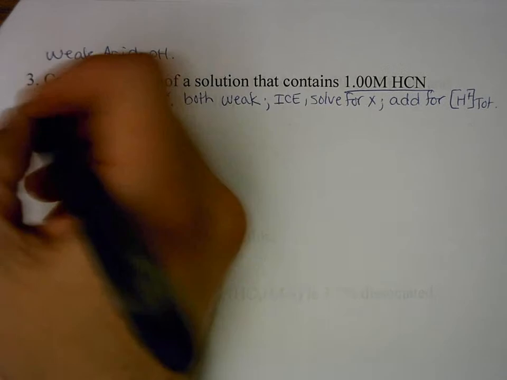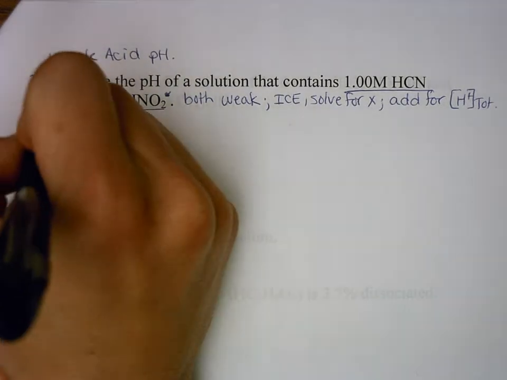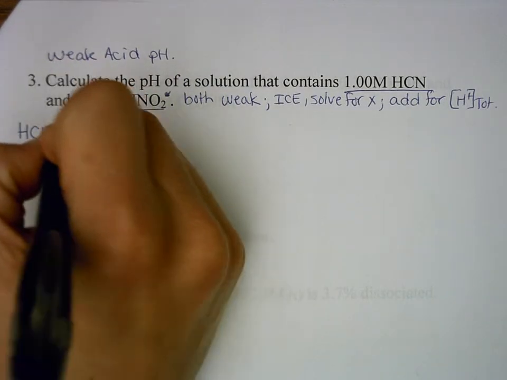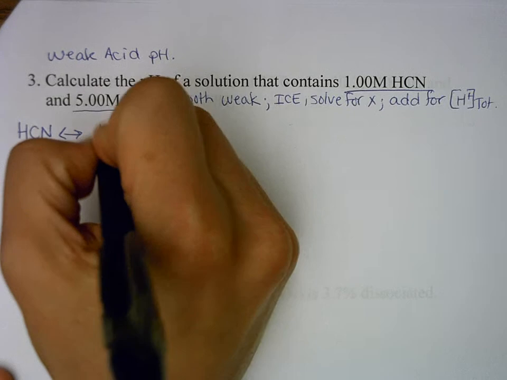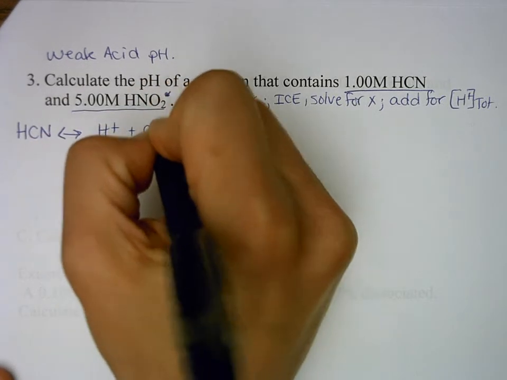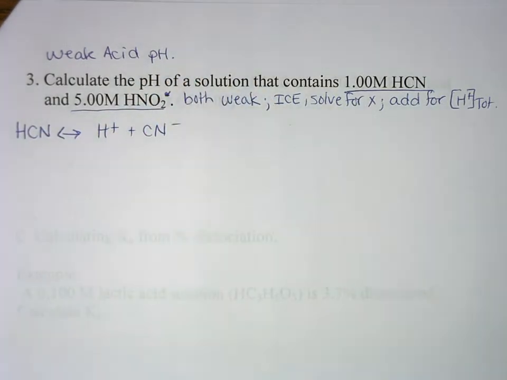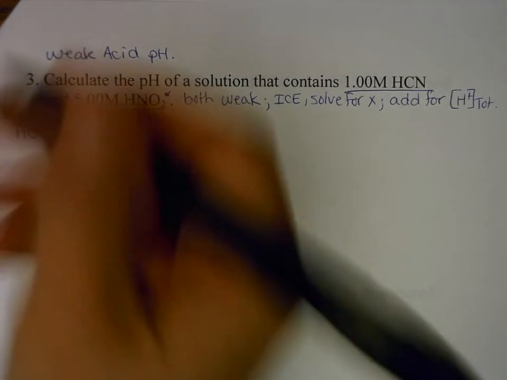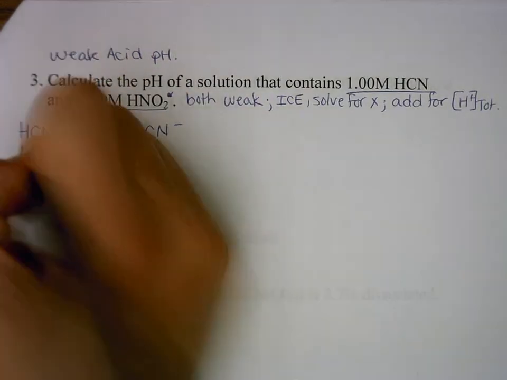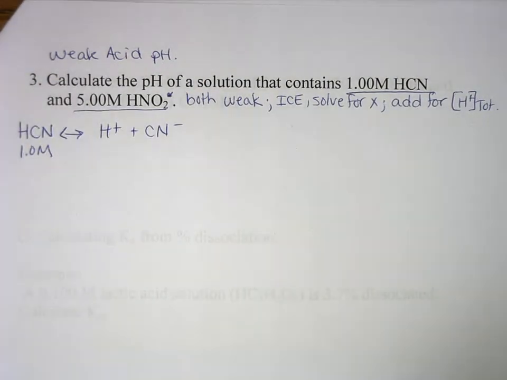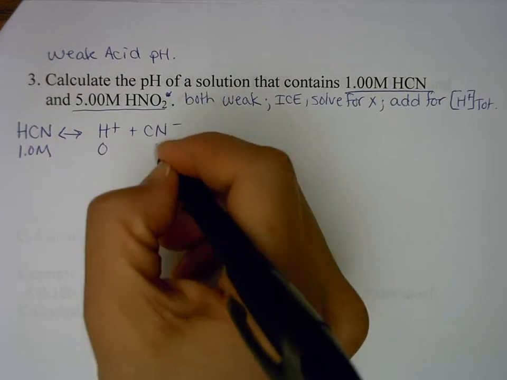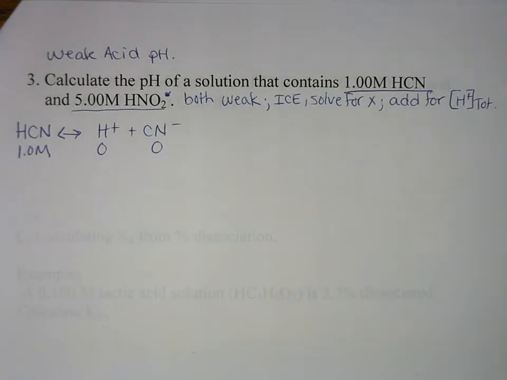So for my HCN, I'm going to have hydrogen ions, cyanide ions, a small percentage of dissociation. My starting concentration here is 1 molar. Yep. Would you determine the main producer of hydrogen ions when they use that one?